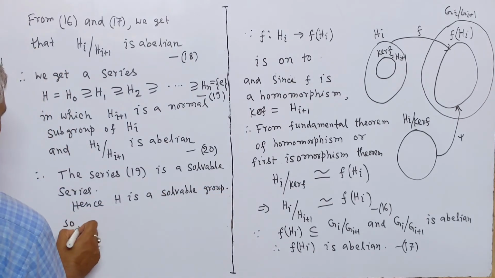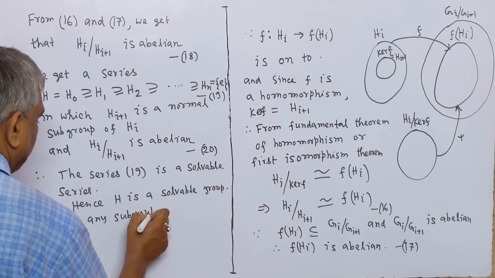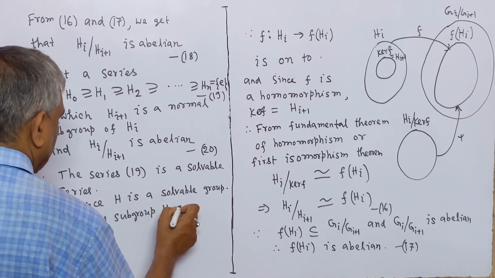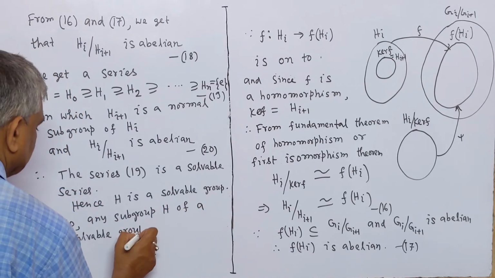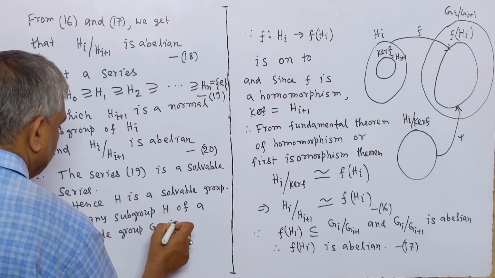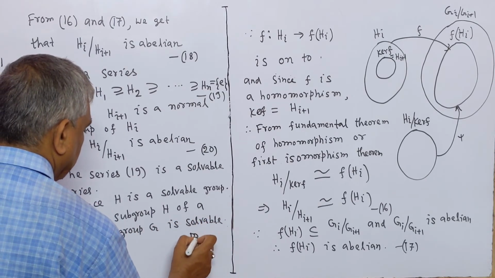So, any subgroup H of a solvable group G is solvable. Proved.